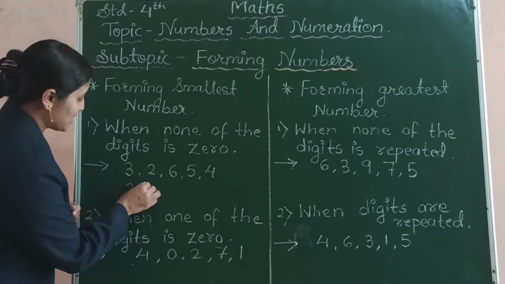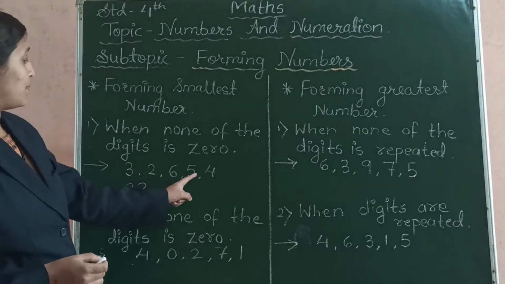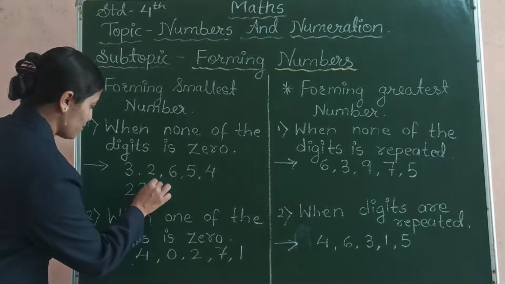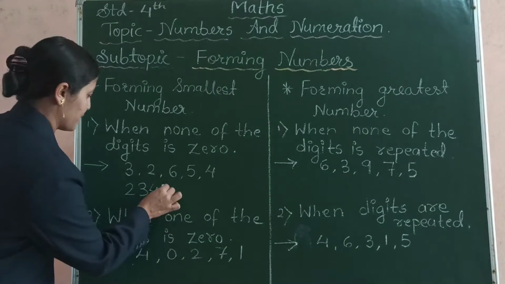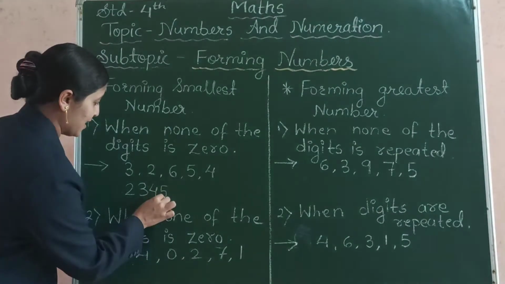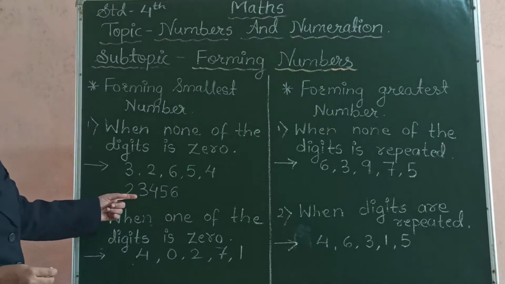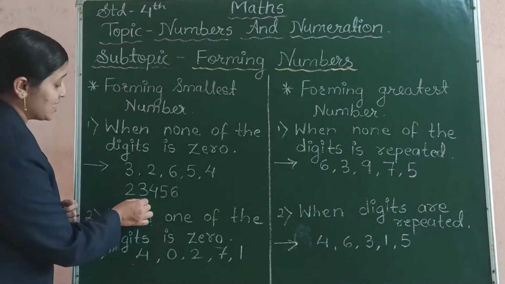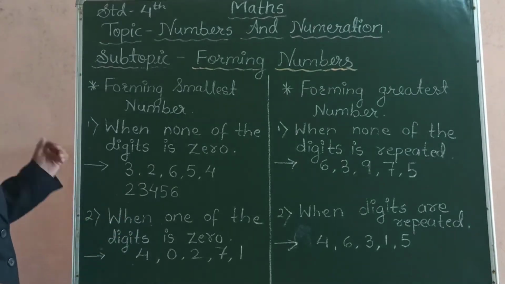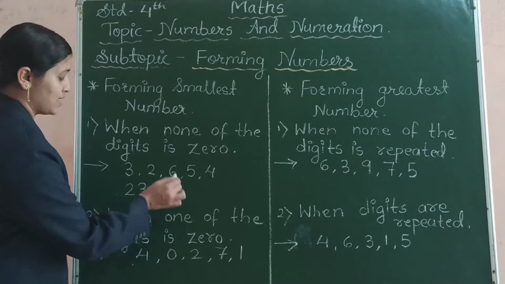So we will place 3 next to 2. The next digit will be 4. Yes. The next will be 5. And the next will be 6. So you can see here the 5 digit number is formed, and these digits are arranged in the ascending order, that is 2, 3, 4, 5, 6.